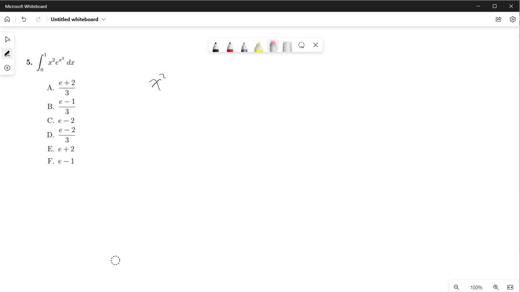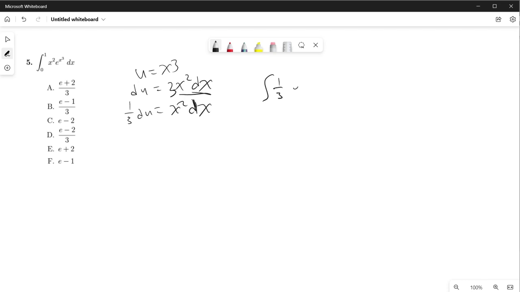You can actually use u sub if you're not convinced. u equal to x cubed, and then du equal to 3x squared dx. If we only want this part, then it's 1/3 du equals x squared dx. Replacing that, it will just be 1/3 e to the u du.